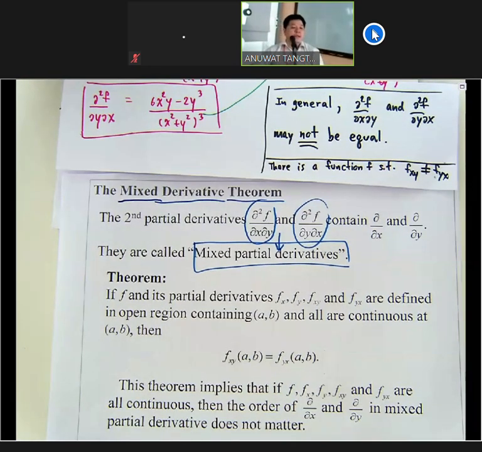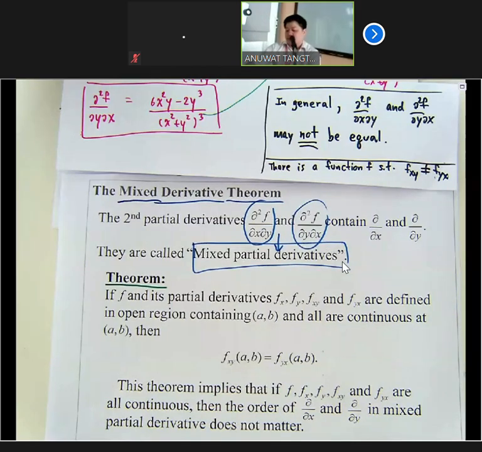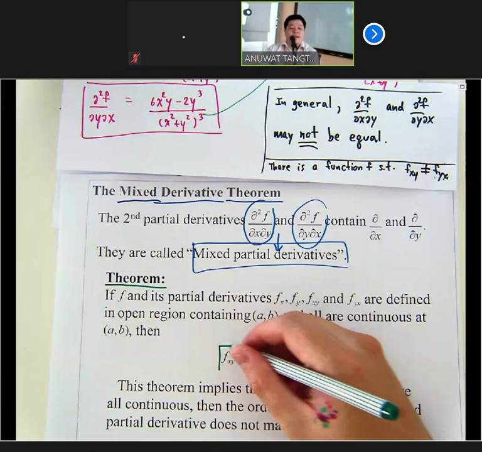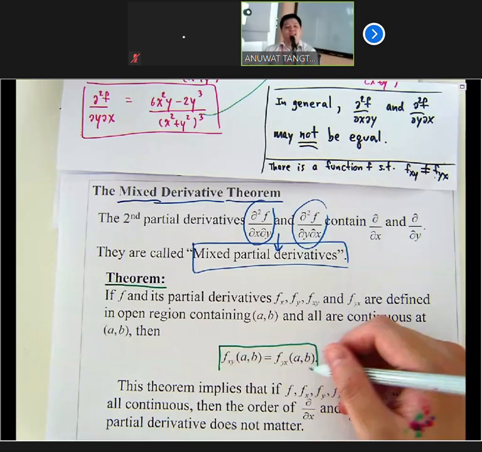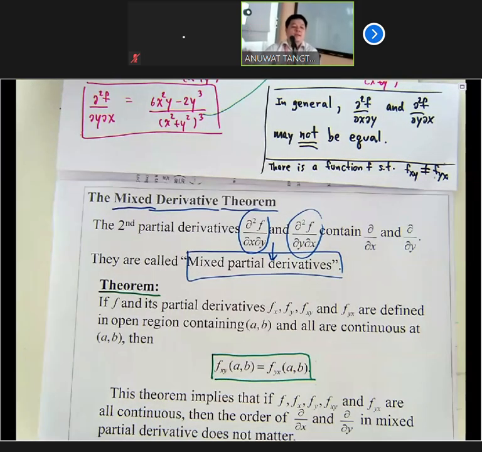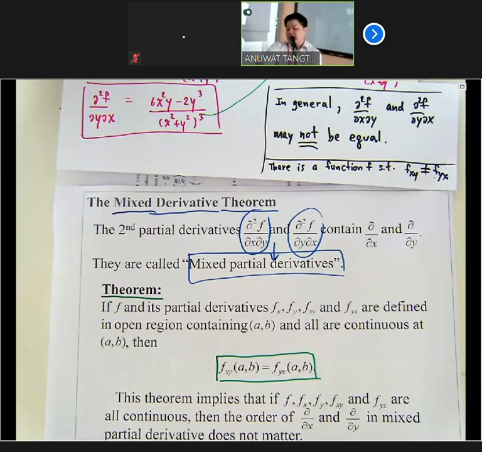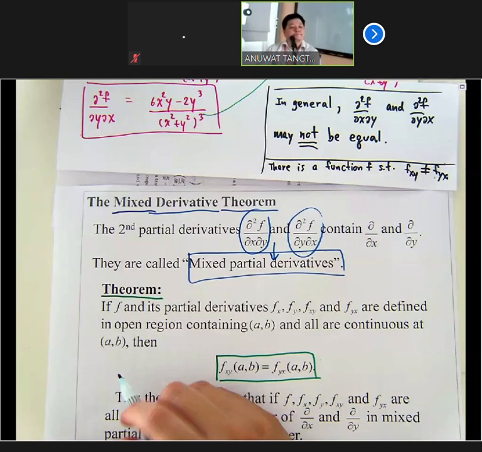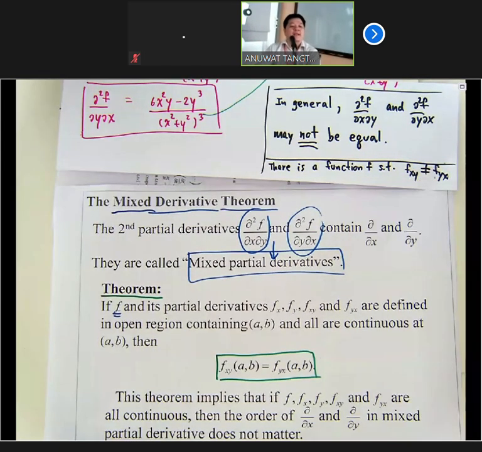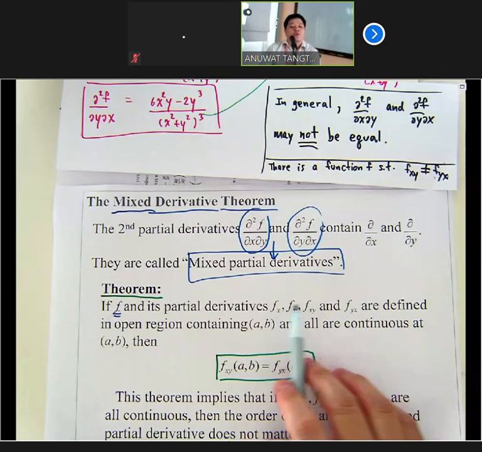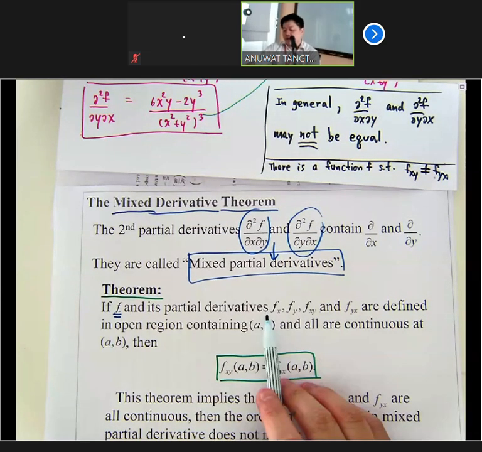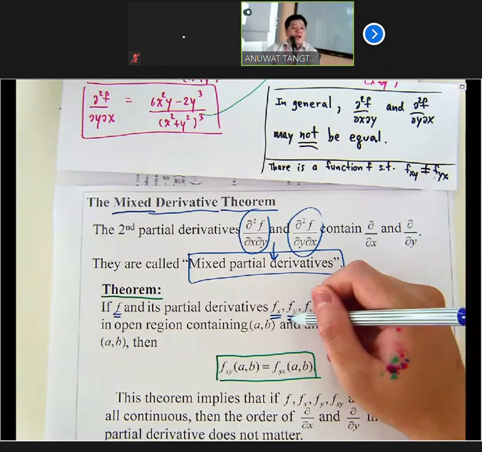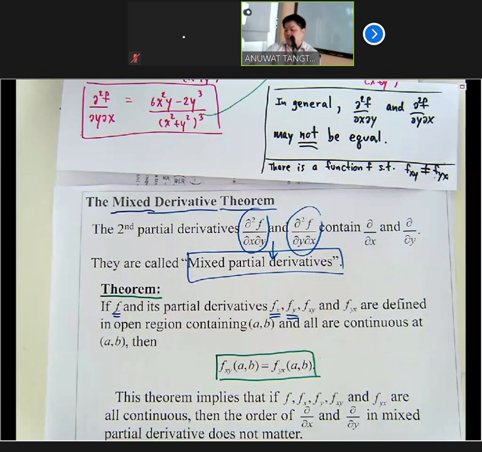Let's see the assumption of the theorem. Now let's look at its assumption. What does it say? The assumption says that if your function f and its four partial derivatives, two of them first order, fx and fy, and fxy and fyx.